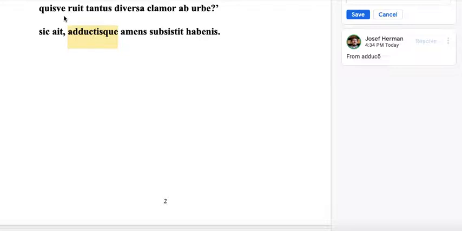Or, this is just the two letters ve at the end of quis. Okay, so just like que at the end of a word means and, ve at the end of a word means or.